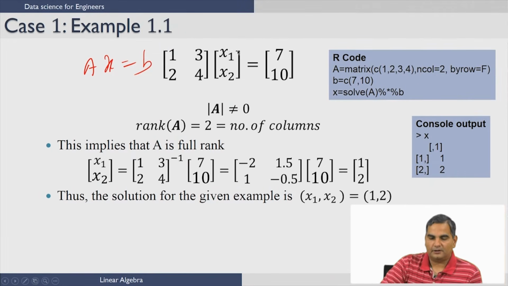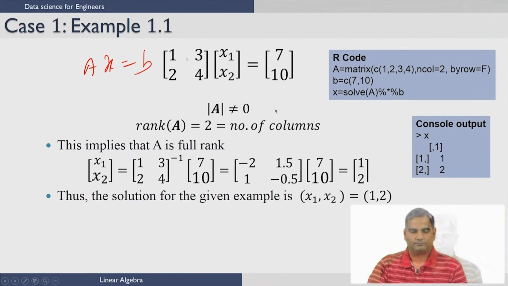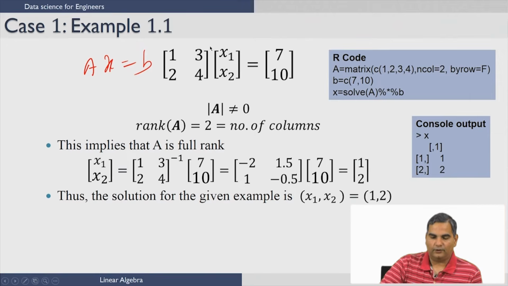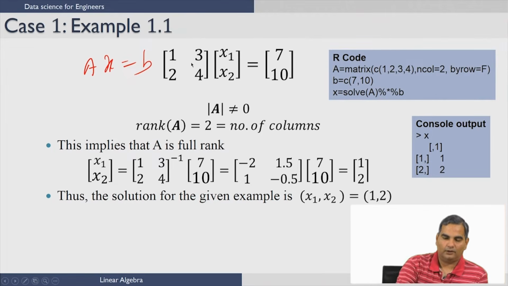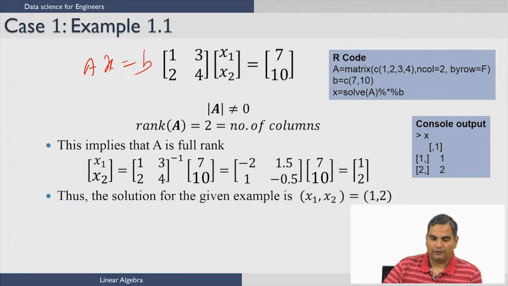The first equation is basically x1 plus 3 x2 equal to 7, and the second equation is 2 x1 plus 4 x2 equals 10. We can see that this is full rank, because whatever multiple of the first column you take, you can never represent the second column, and similarly whatever multiple of the first row you take, you can never represent the second row.